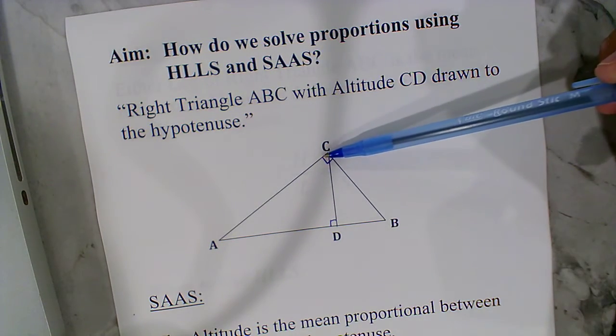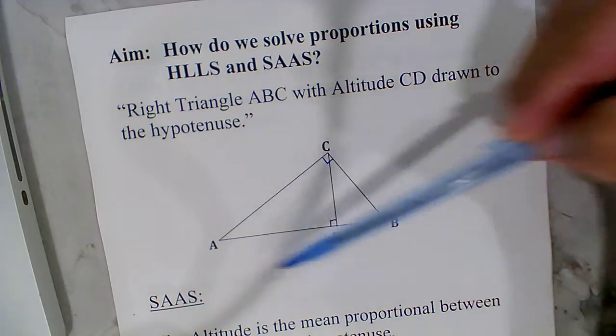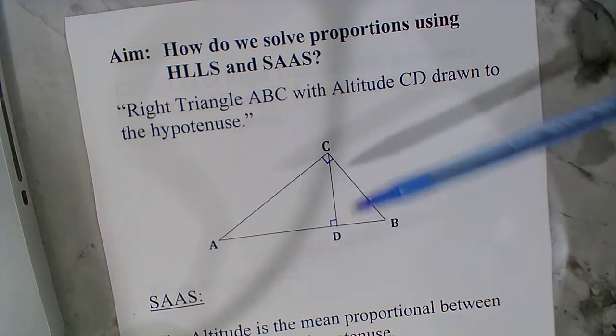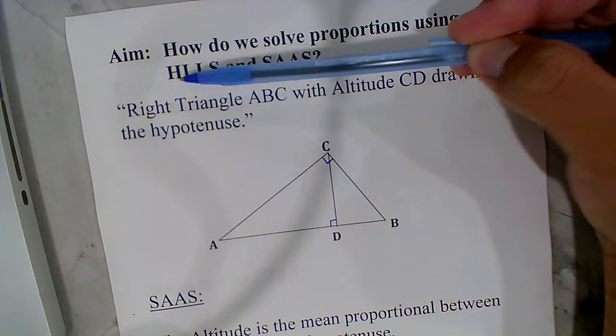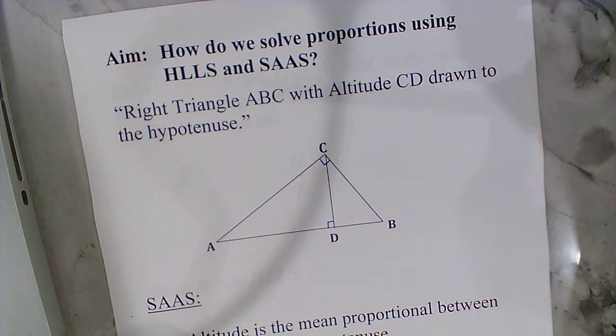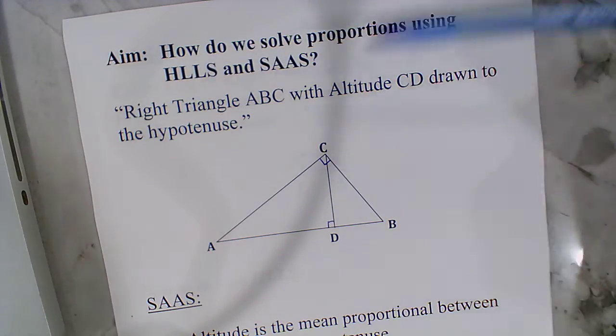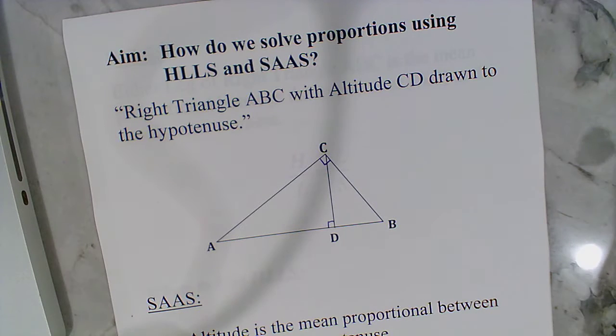So the altitude goes from the right angle to what's referred to as the hypotenuse of the right triangle. When it is this picture, these two proportions that are misspelled versions of the words HLLS and SAAS get used. And it's a very easy way for students to understand the proportions and make sense of it and be able to get some easy points.